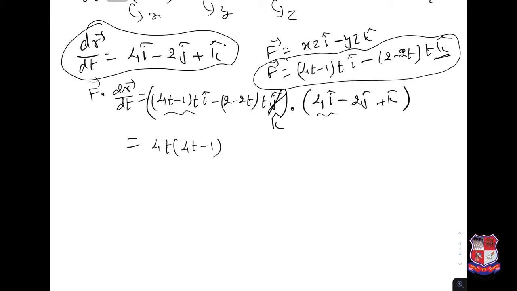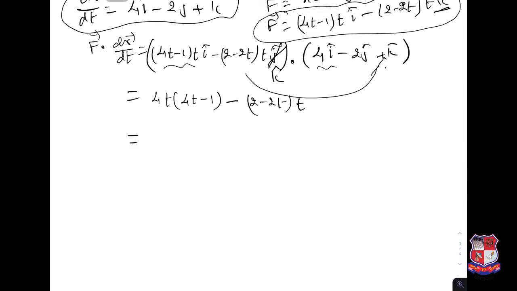Then there is no j component in f, but k is there, so minus (2 minus 2t) into t. This is f dot dr by dt. So this is 16t squared minus 4t minus 2t plus 2t squared, and so that is 18t squared minus 6t.